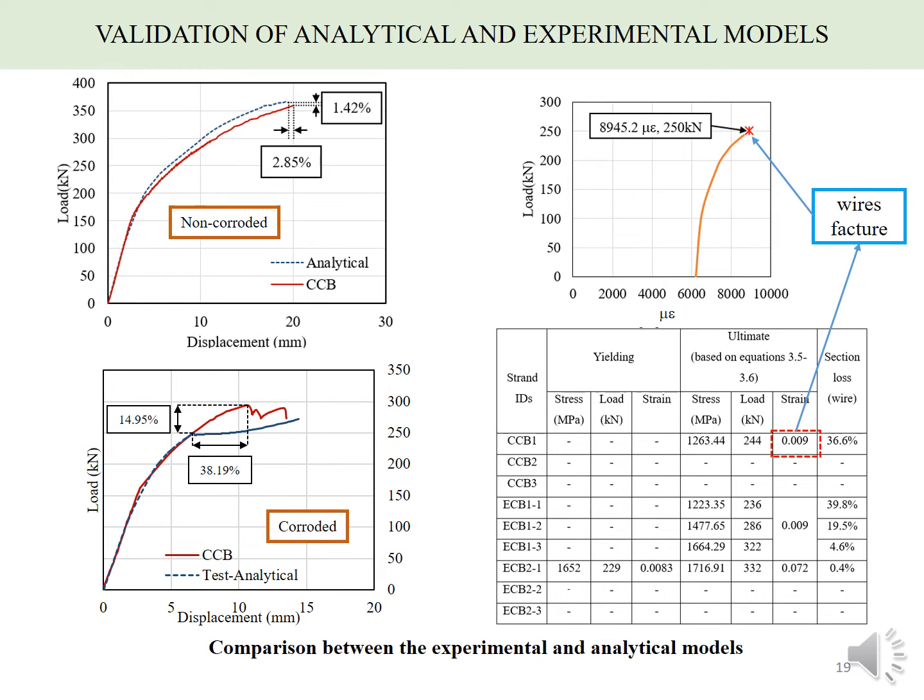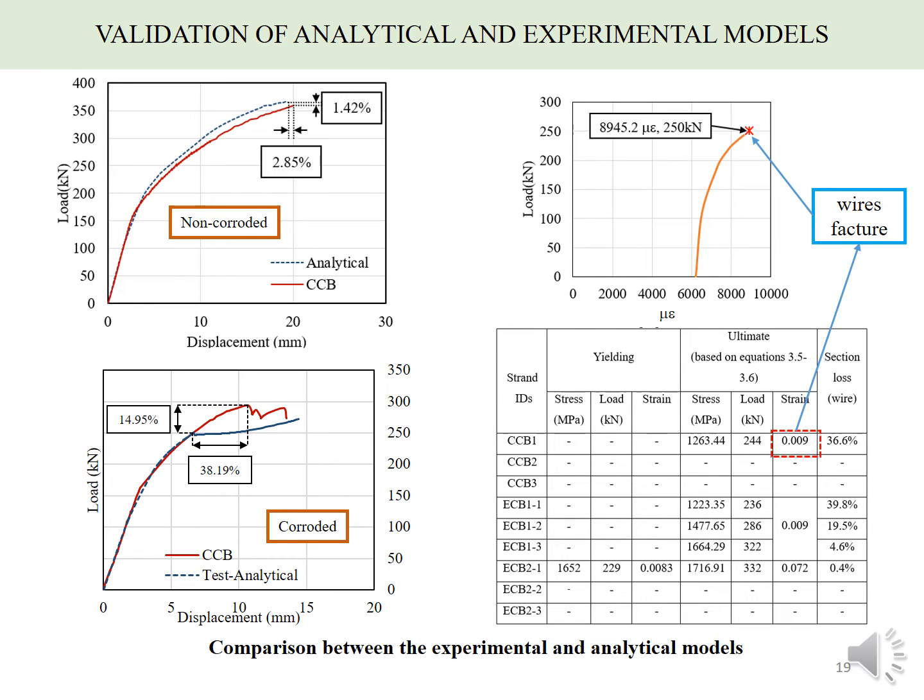In the equivalent material model, we define the ultimate strain of CCB as 9,000 microstrain, and the analytical result, as shown in this picture, is that the estimated strain when the wire fractured was about 8,945 microstrain. At that point, the load was about 250 kilonewtons.